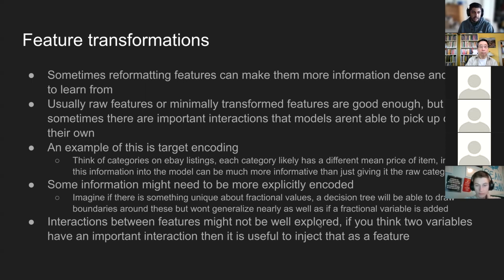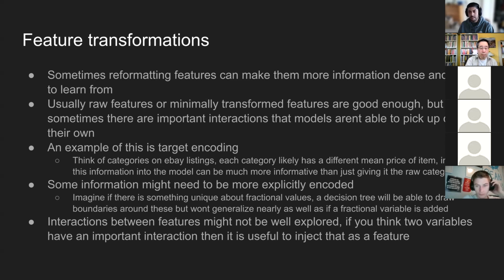So talking about the feature transformations, this is what I was mentioning earlier. Sometimes you can just reformat something and it ends up being way more information dense. Pretty much always a gradient boosted decision tree with enough trees can represent something.